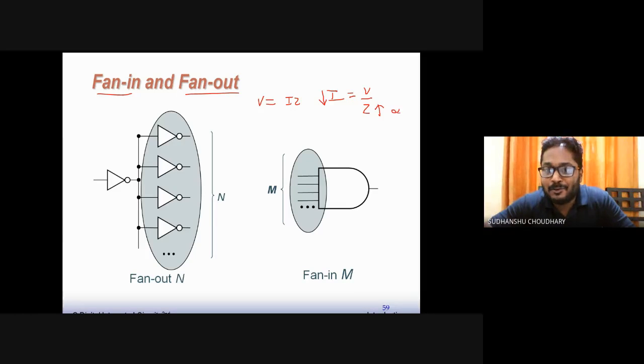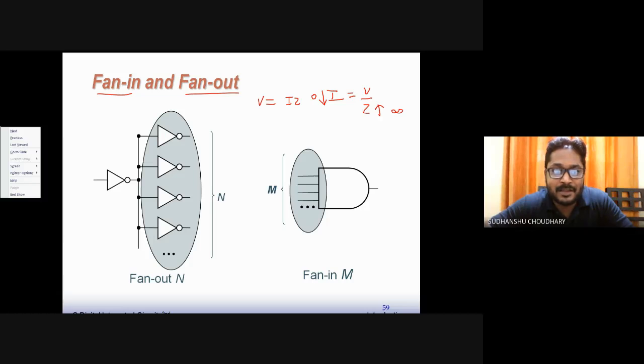If Z goes to infinity, the current requirement becomes 0, that is, 0 current will be drawn by the CMOS inverter. So if the input impedance of the gate being driven is infinite, the current it consumes is almost 0.